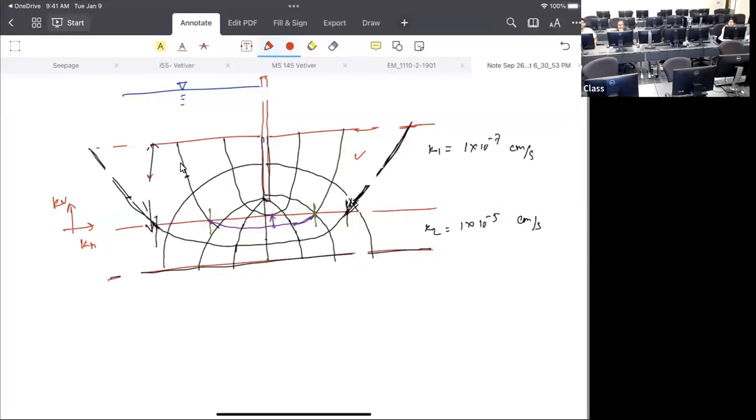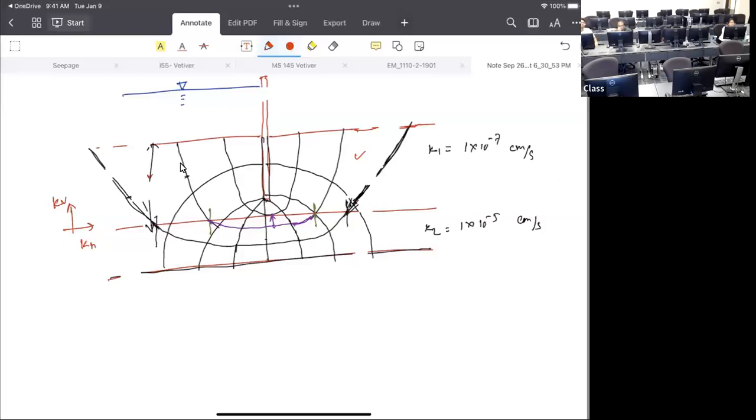But there is a basic thing in flow net drawing: a flow net is a graphical method. Every graphical method has a unit, like a scale. You have a certain scale along the horizontal direction and the vertical direction, equal scale, like in graph paper. But have you drawn something on graph paper with two different scales?